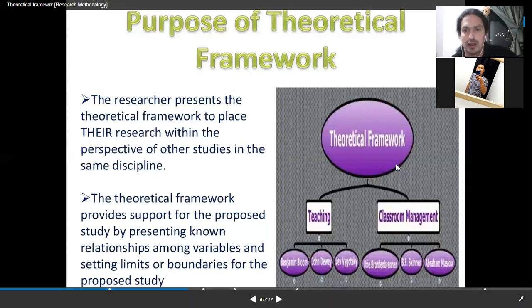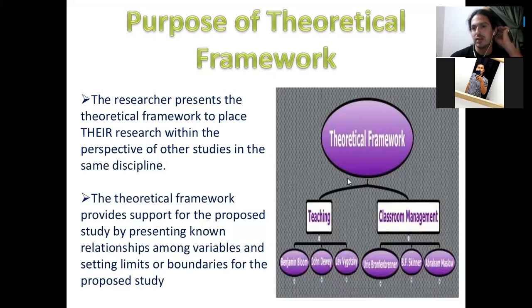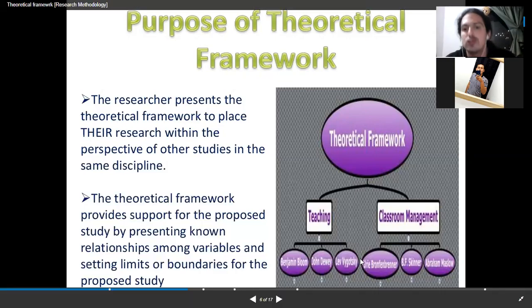For example, we have this element, the theoretical framework, and we have two variables: teaching and classroom management. How to work with classroom management for us to have a good teaching process. We're going to use three authors for teaching: Benjamin Bloom, John Dewey, and Lev Vygotsky.